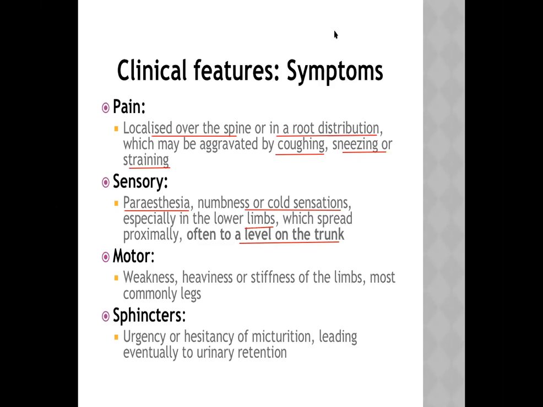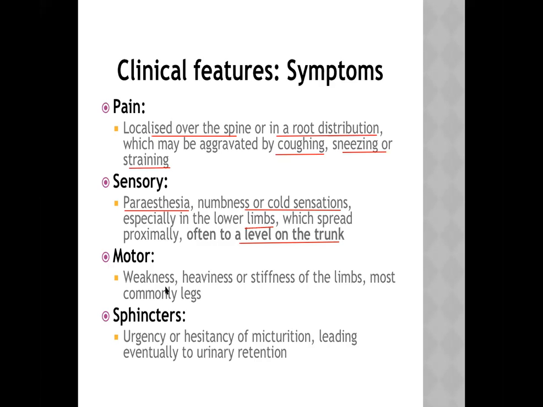Because if we talk about the different tracts there, there is the dorsal column tract, there is the spinothalamic tract, and they have different functions. That's why a different type of sensory loss may be there.